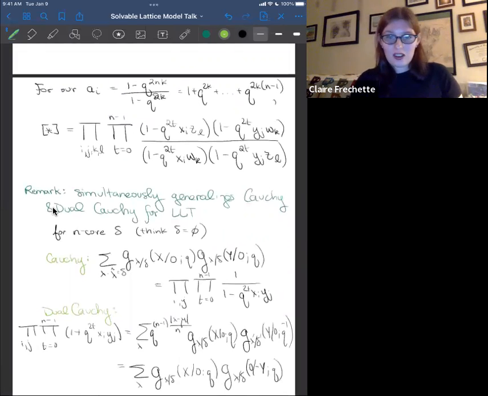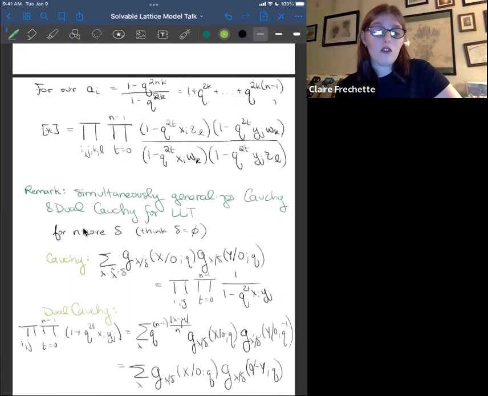This general Cauchy identity turns out to generalize both the Cauchy and the dual Cauchy identity for LLT polynomials, not the super ones, just LLT polynomials. And the way that this is frequently stated is for an n-core delta. So if you're not familiar with n-cores, think the empty partition. But you can, in fact, do it in more generality.